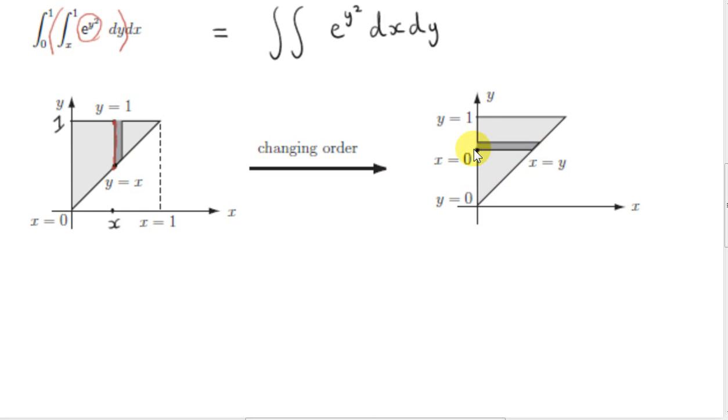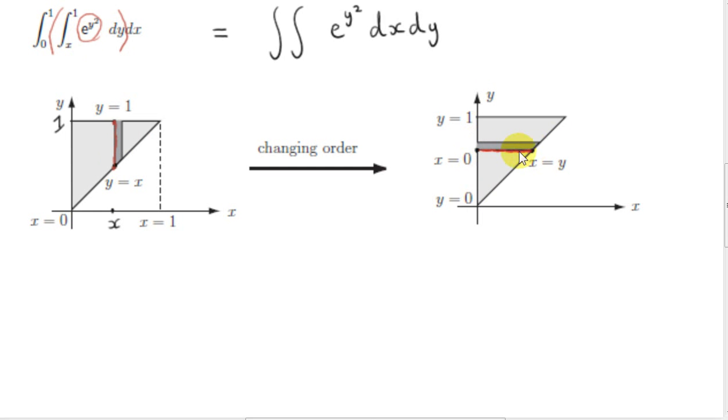So let's look at the endpoints of a horizontal slice of our triangular region. The x value of the left point is going to be 0 because it's a point on the y-axis. The rightmost point is a point on the line y equals x.